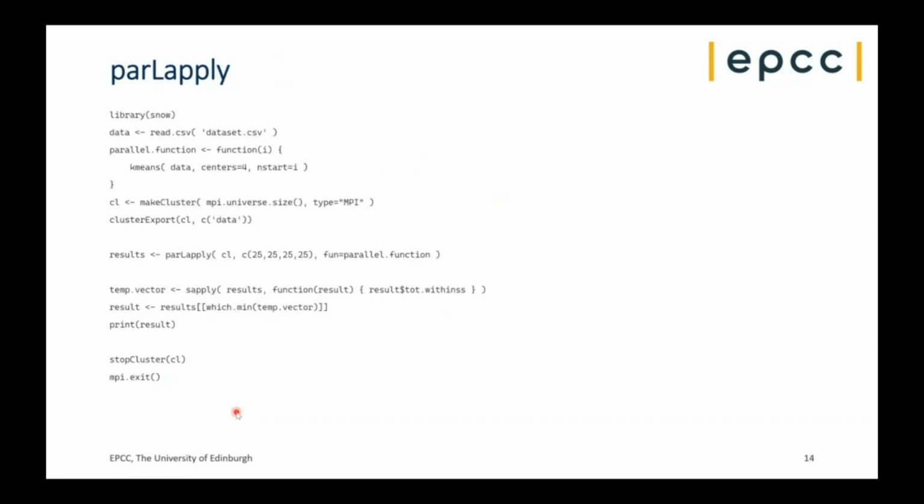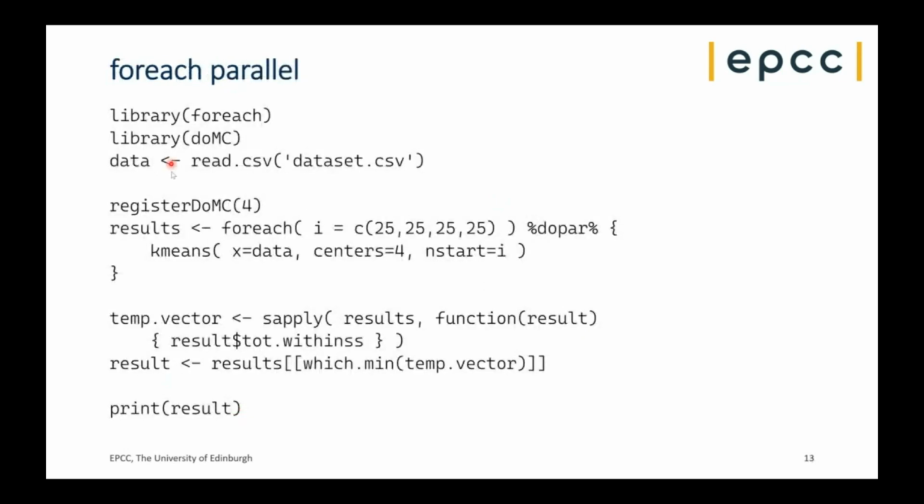And the nice thing is it's possible to register other foreach handlers to go parallel across larger things. So doMC will stay inside a single node, but we can use other libraries to go beyond that, to multiple nodes, and potentially look at the batch system and submitting jobs into a batch system as well.